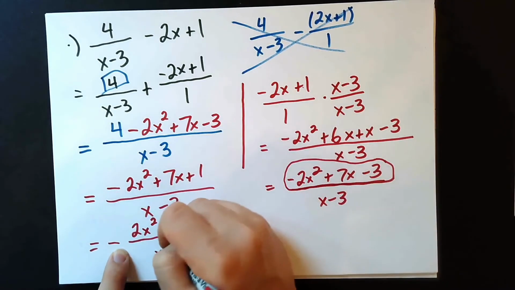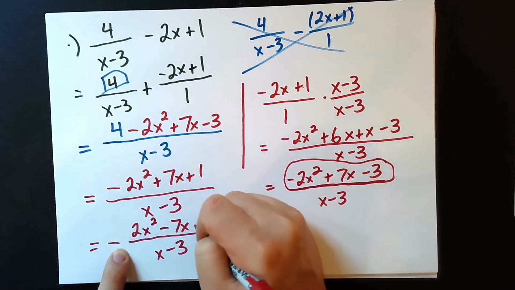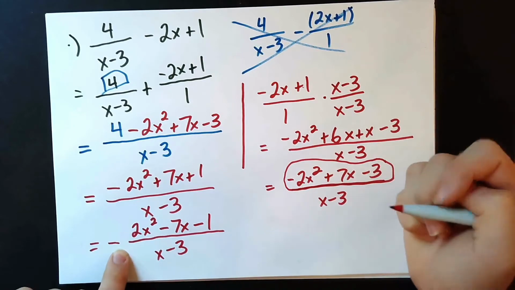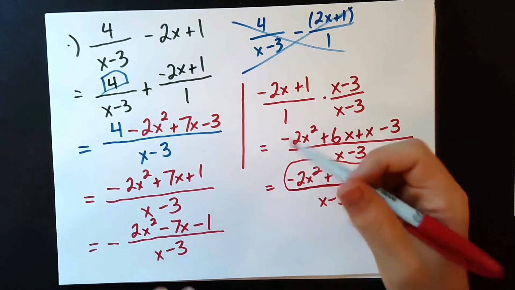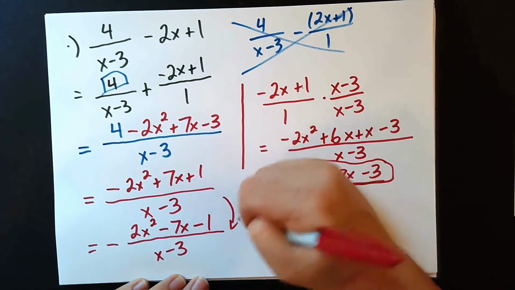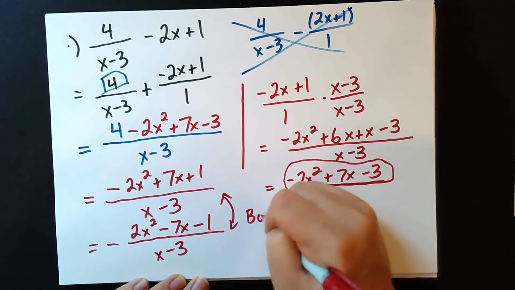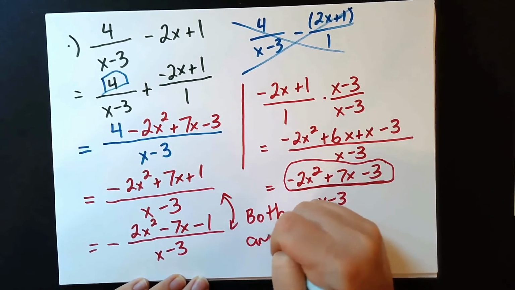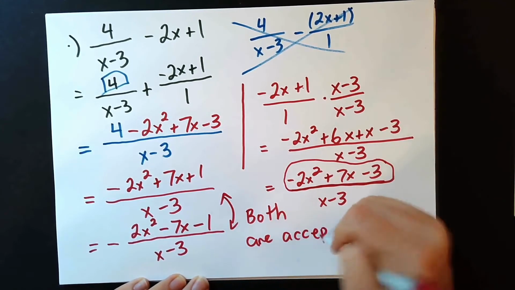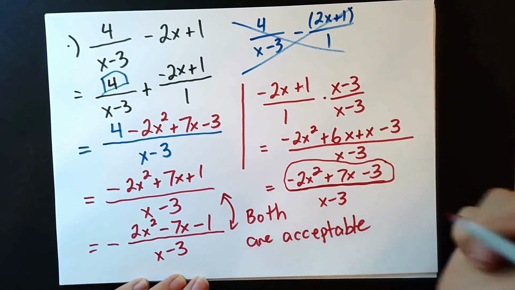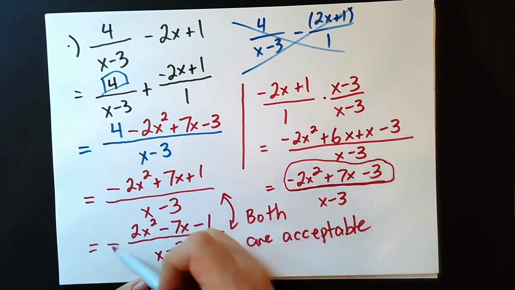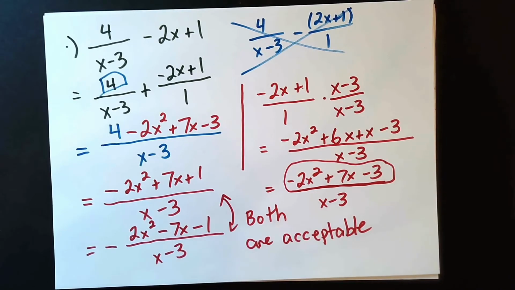So that means I would need to make this a minus 7x minus 1 in order for this to actually work out. So to repeat, both of these answers are fine. But if you want the minus sign out front for some reason, be sure you carefully pull the minus sign out of each term.